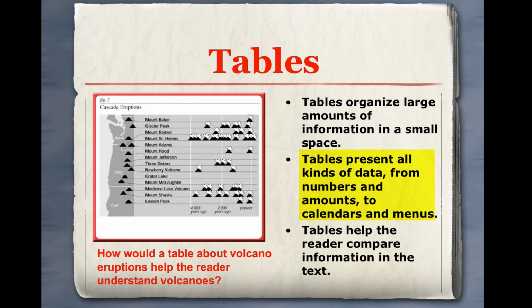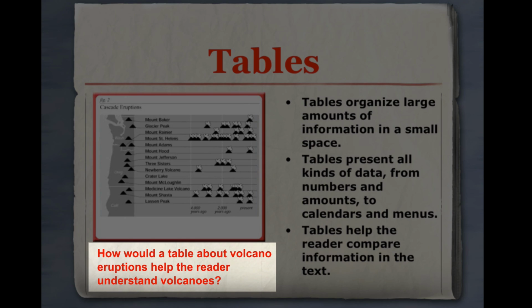But what tables do is they help you compare information that's mentioned in the text. So if you are reading and you look at this figure 2, which is a table on Cascade eruptions, think about how this would help you understand volcanoes.